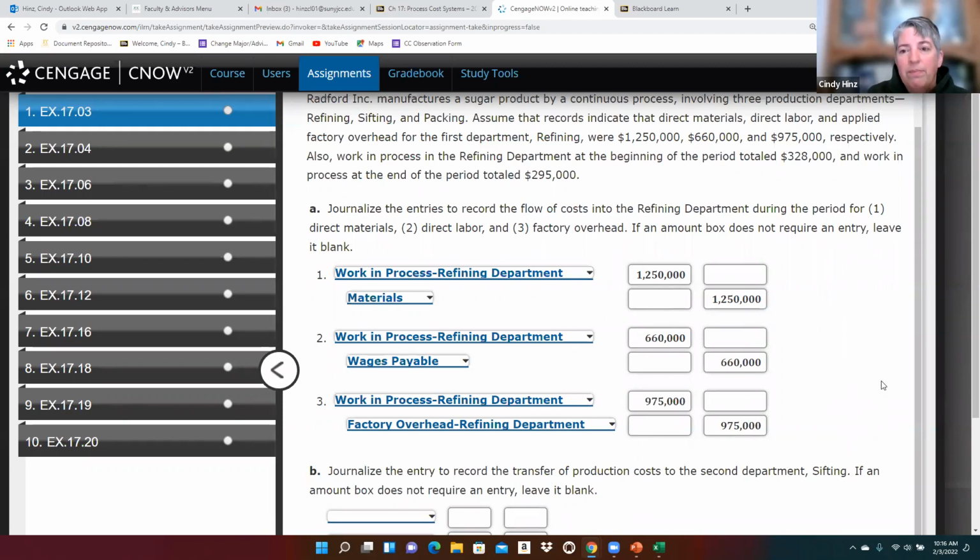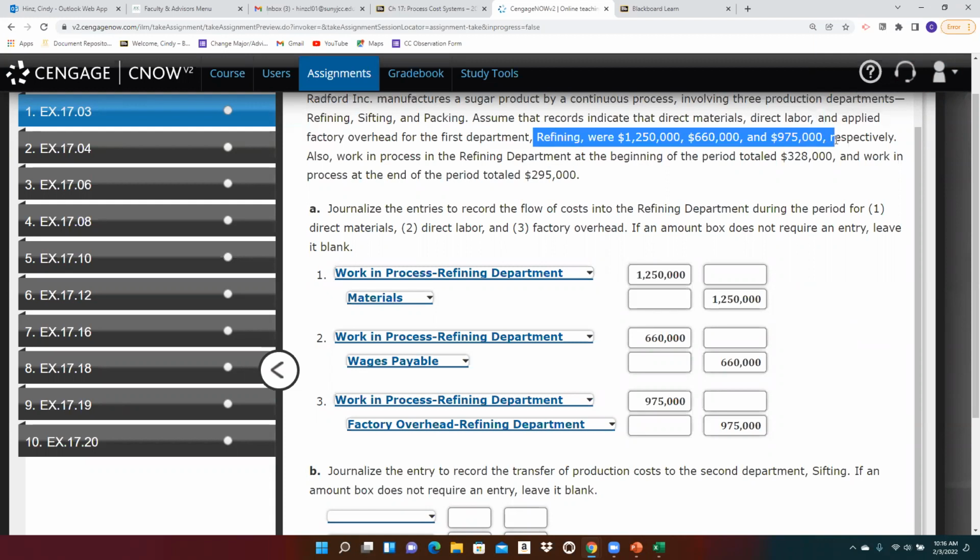Any questions about part A? Any other questions? I have one question. So when it says the refining department and three different costs, how do you know which is which? How do you know the difference between materials, wages payable, and the factory overhead?